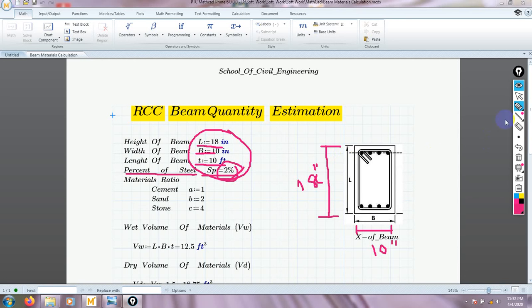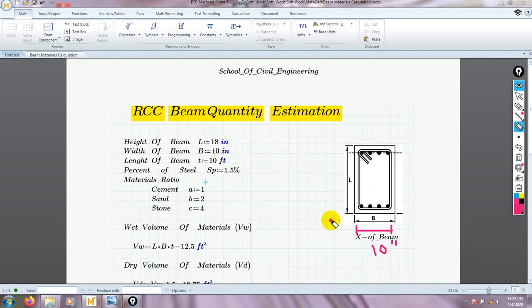According to code you have to select which percentage, as a thumb rule. As we're estimating quantity here, suppose I'm considering 1.5%. So 1.5% is our steel quantity.